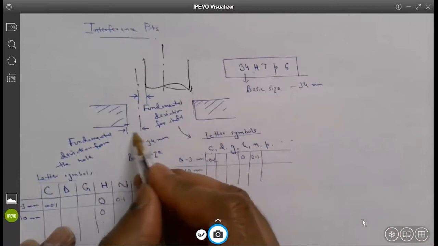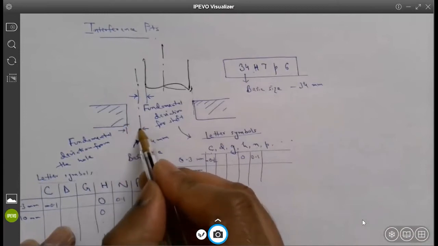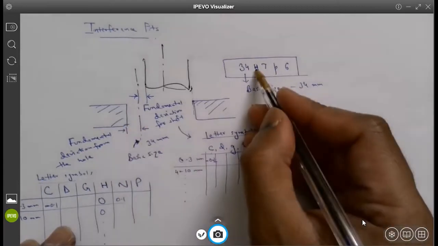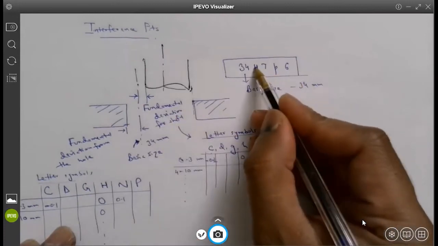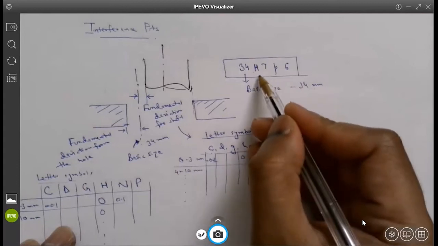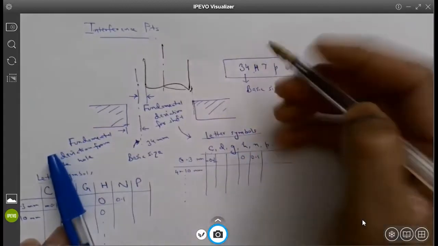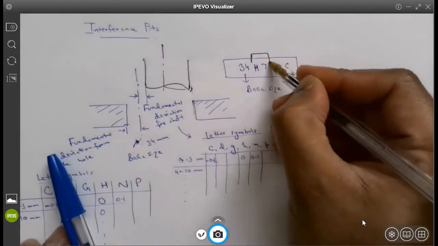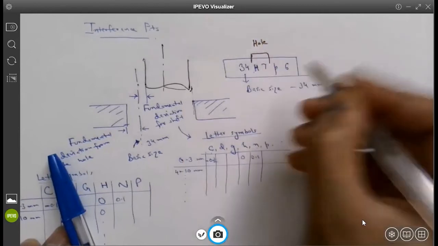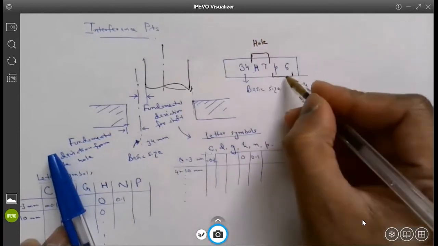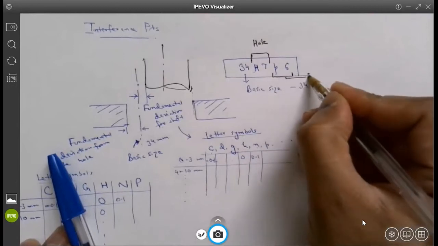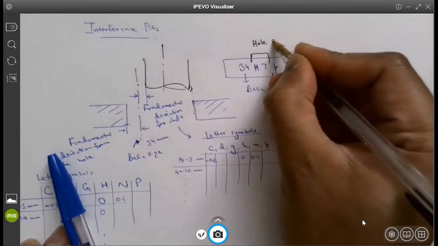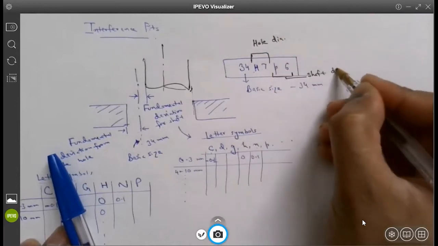That means the minimum diameter of the hole is 34 millimeters itself. These two symbols are for the hole, and these other letter and digit are for the shaft: the hole diameter specification and the shaft diameter specification.